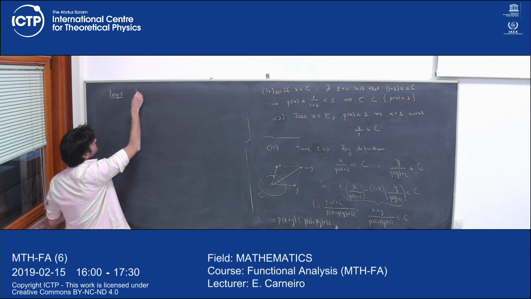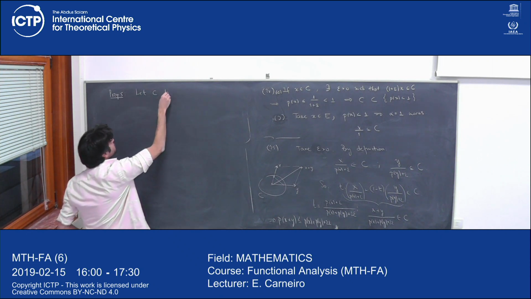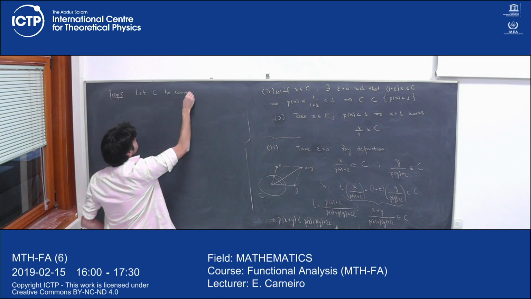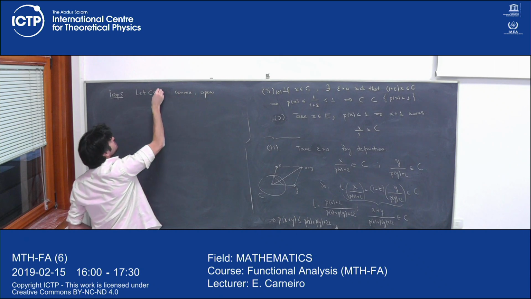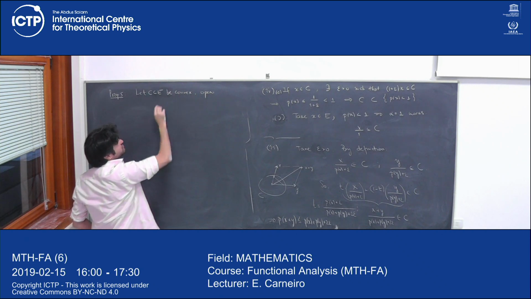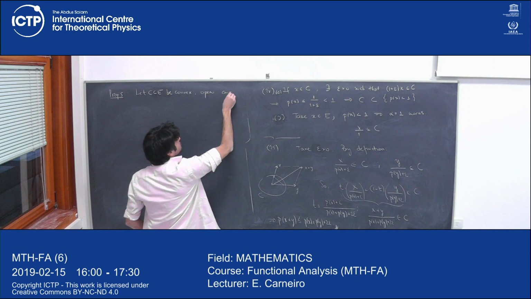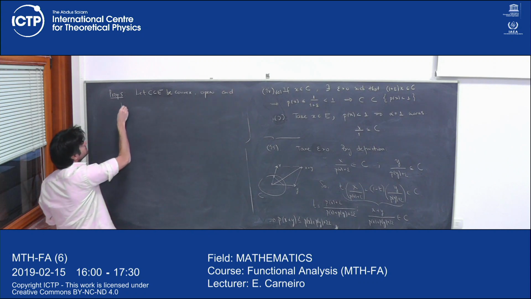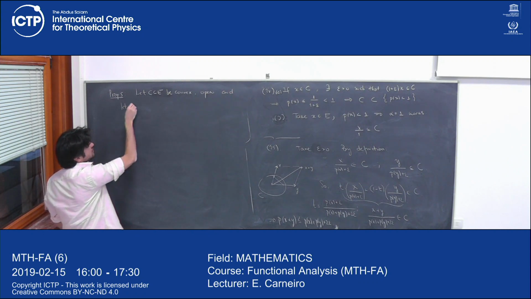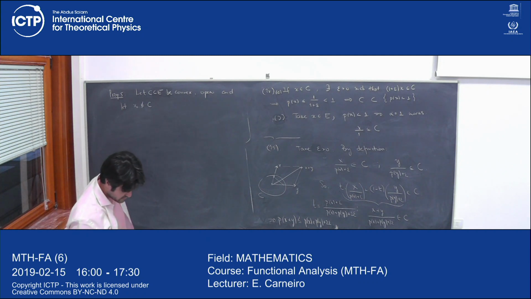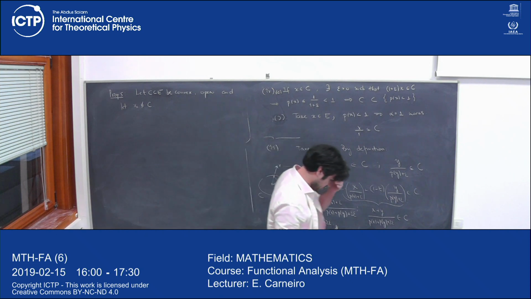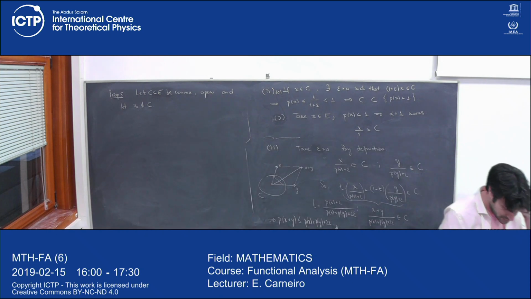Okay, so let C be convex, open, C contained in E. So let C be contained in E, be convex and open, and let x0 be a point outside C. So you have a convex set and you have a point outside C. What I want here is to show that I can separate these two guys.